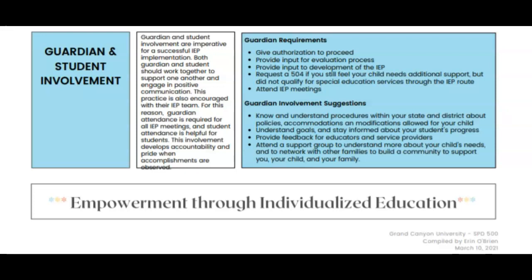The next thing is to understand their goals and stay informed about your student's progress, and provide feedback to educators and service providers as we're going through the school year, at the annual meeting, at the quarterly meeting, and even throughout the school year in incremental times. And then attend a support group to understand more about your child's needs and network with other families to build a community of support for you, your child, and family. And remember that this individual education plan is empowerment so that your child can achieve their academic and development goals.